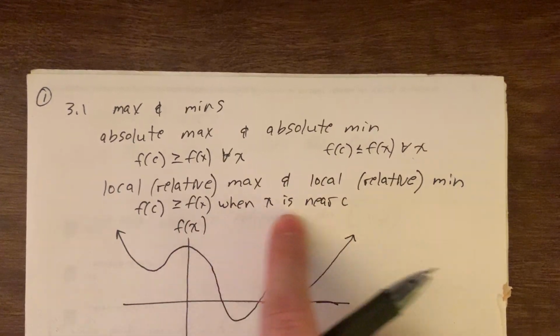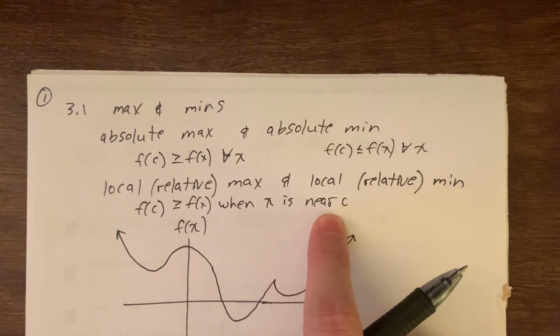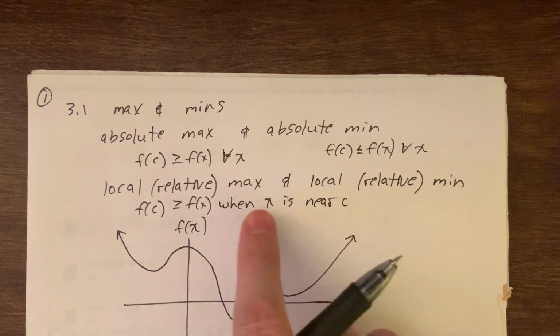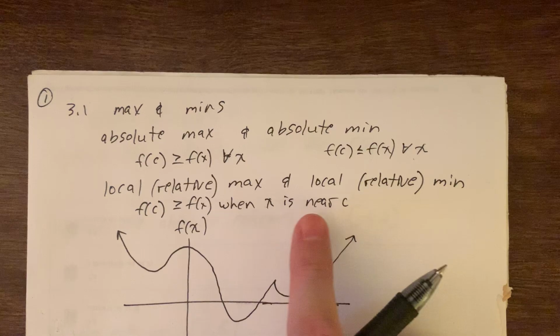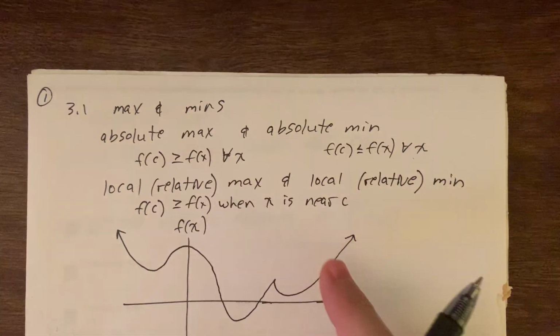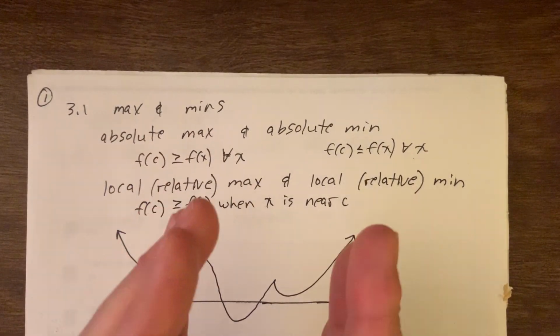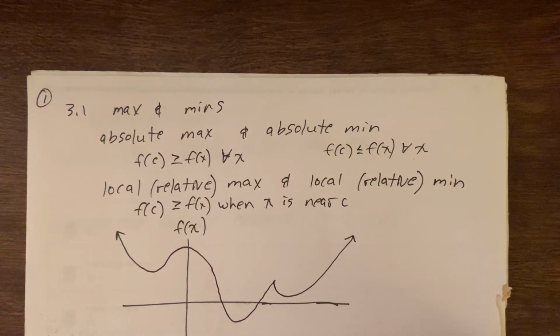But here's the big difference. A local max all has to do with this idea when x is near c. We don't always consider this big for all situation. We always look in these small, tight windows. Is this the biggest or smallest y within a particular window? And that window always must go left and right of a c value that we're considering.